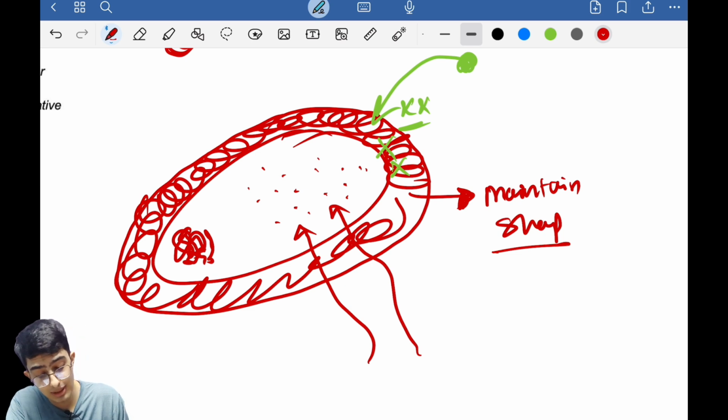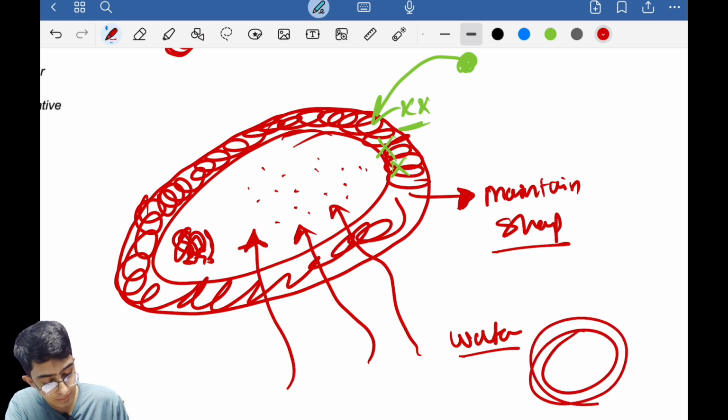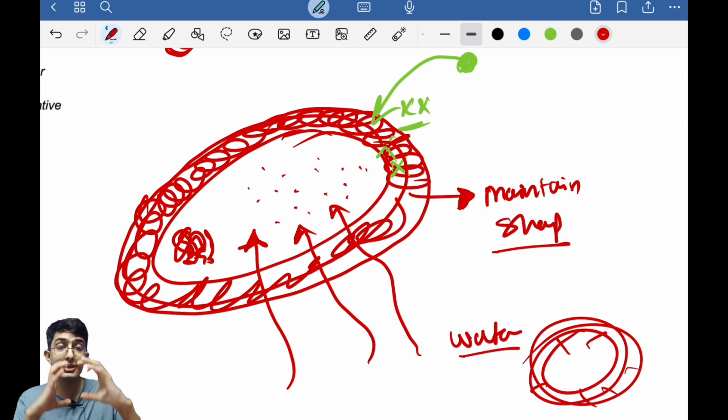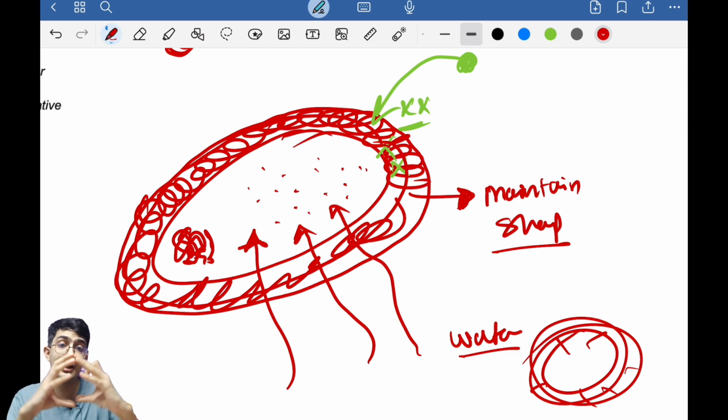If there is no cell wall, water from outside will go inside the cell, make the cell swell, and then burst open. But since the bacteria has this rigid cell wall, it holds the pressure, preventing the cell from swelling and bursting open.